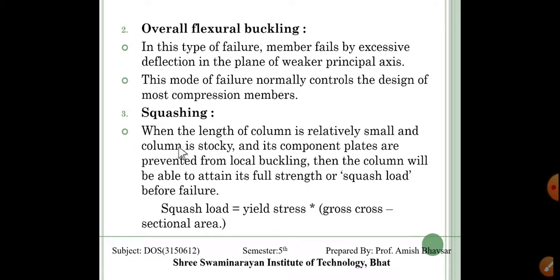Squashing. When the length of the column is relatively small, the column is stocky, and the component plates are prevented from local buckling, then the column will be able to attain its full strength, or squash load, before failure. Squash load is equal to yield stress times the cross-sectional area.